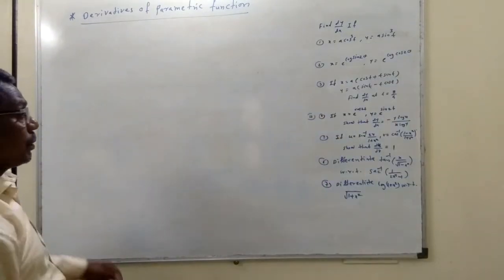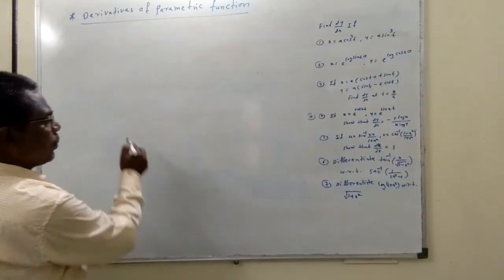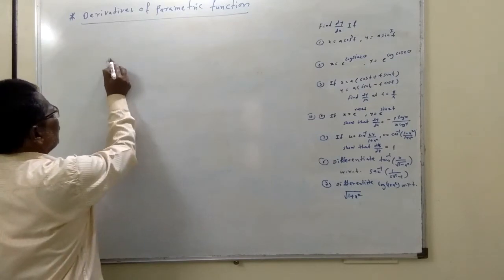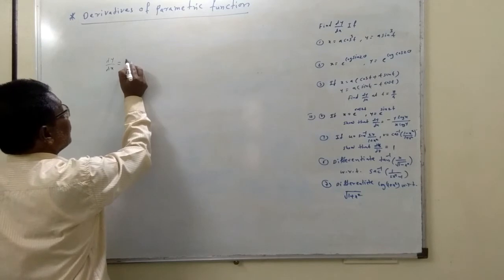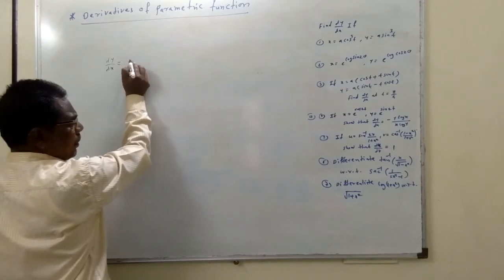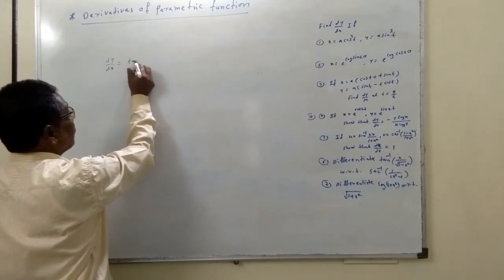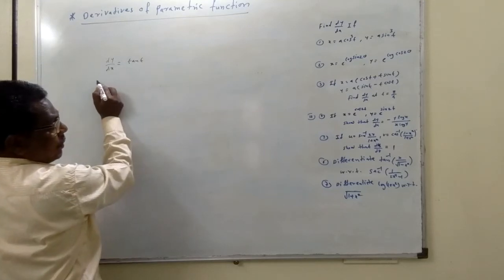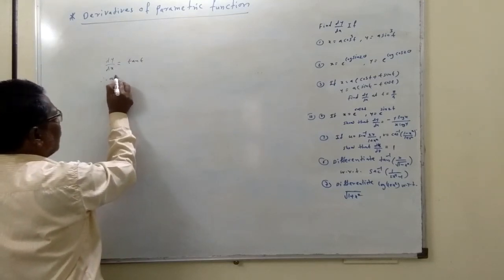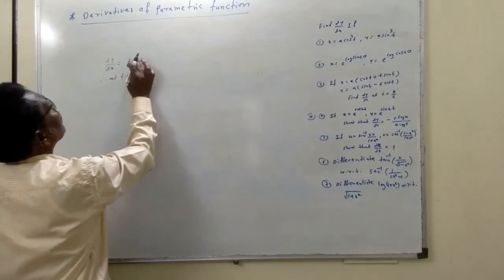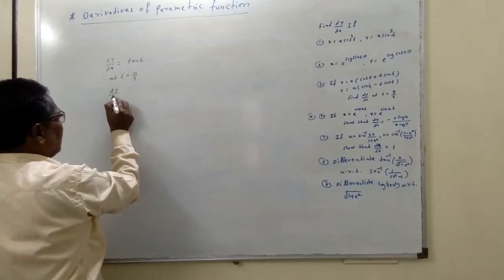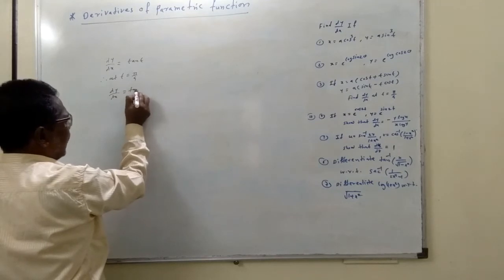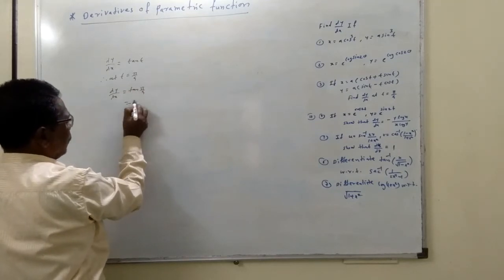So we are getting dy by dx is equal to tan t. Therefore, at t is equal to pi by 4, dy by dx is equal to tan pi by 4, so that is 1.